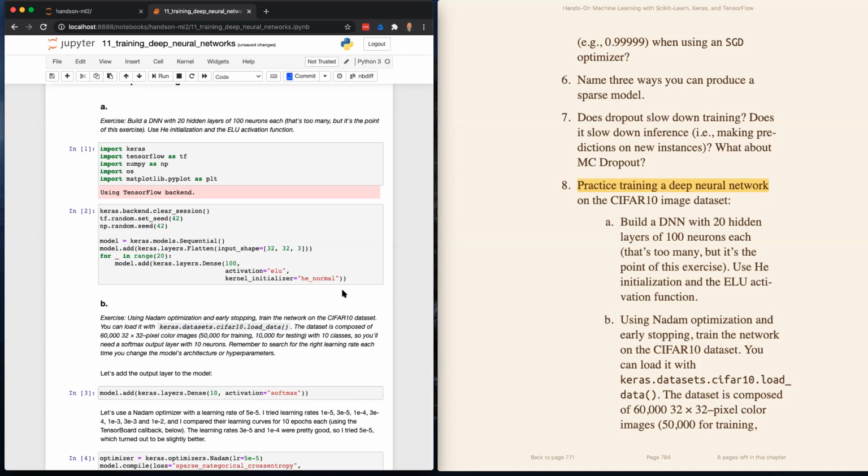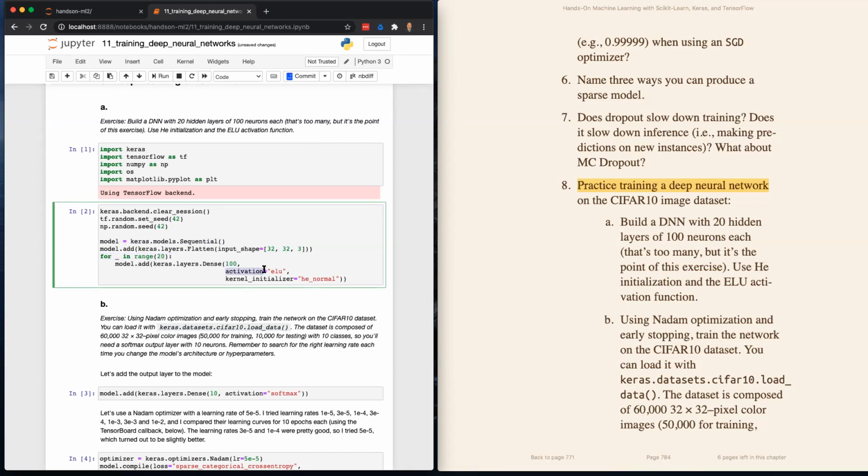So I'm going to go back again. He asked us to build a deep neural network with 20 layers, each layer having 100 neurons, and that's what we are doing here. We created a model through a sequential model. Our input image is 32 by 32, 3 channels, so this is a colored image, and we added 20 layers of 100 neurons.